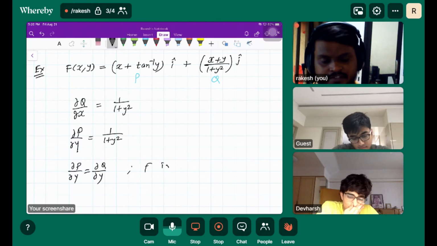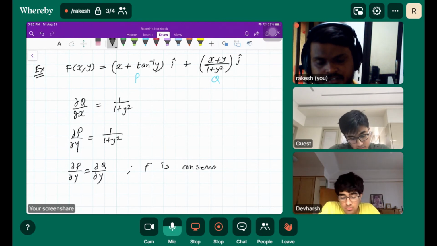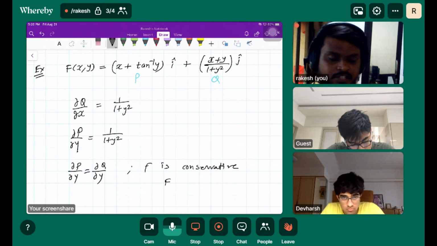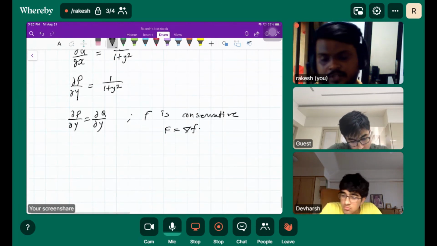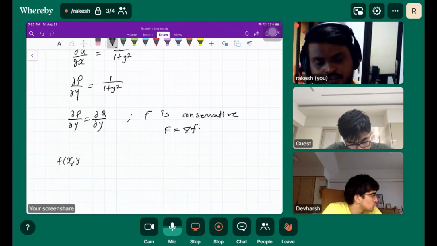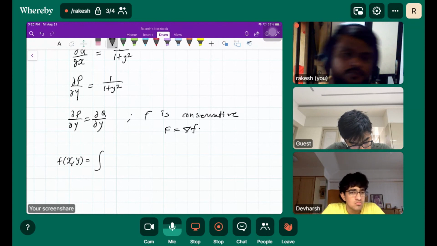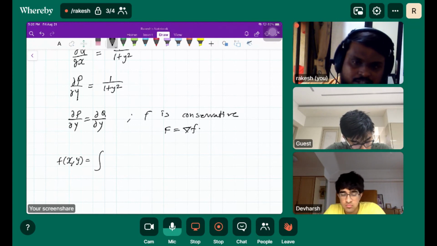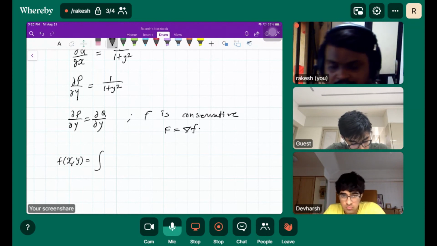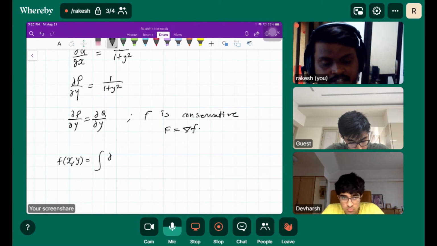So F is conservative. It means F is equal to del f. Now f of x comma y will be the integration of del f upon del x dx.